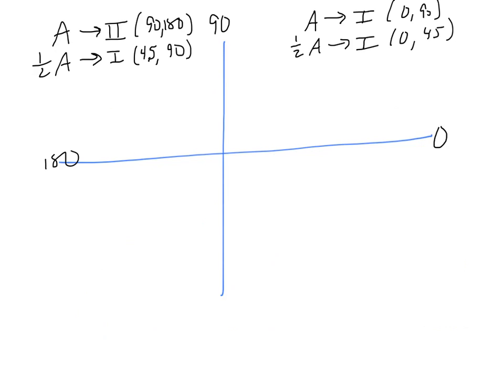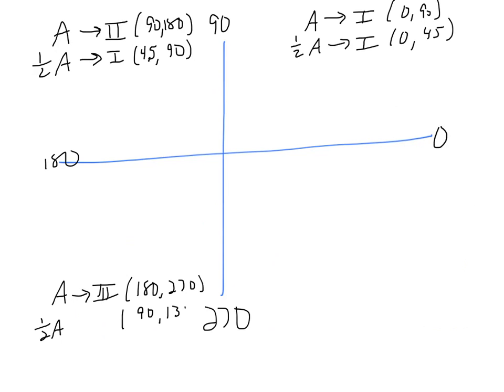So the half angle for quadrant 2 is quadrant 1. In quadrant 3, if angle A falls between 180 and 270, its half angle will go from 90 to 135, which is quadrant 2.